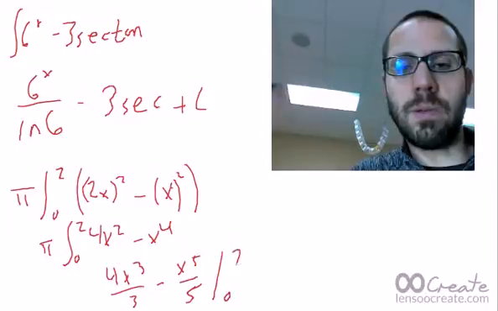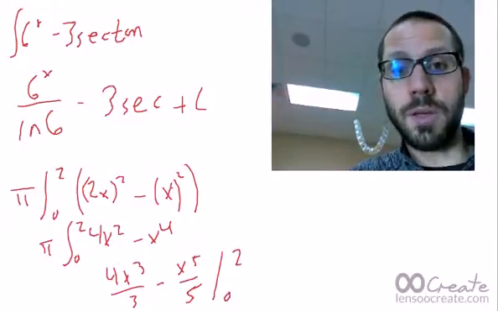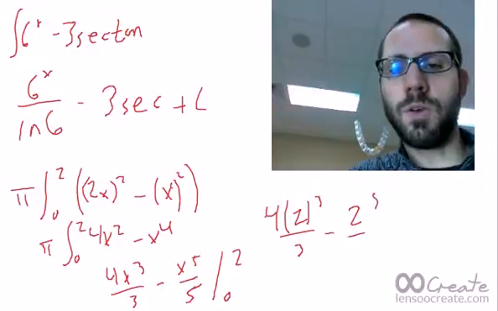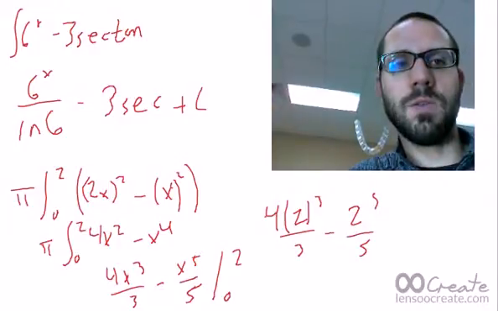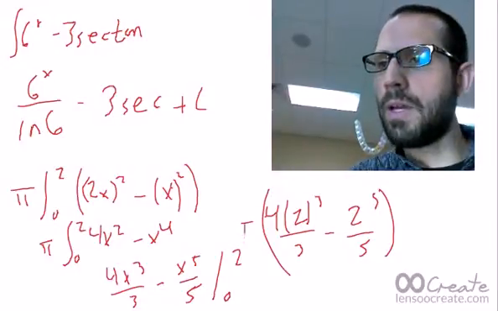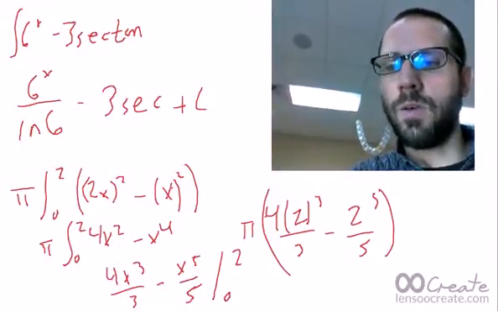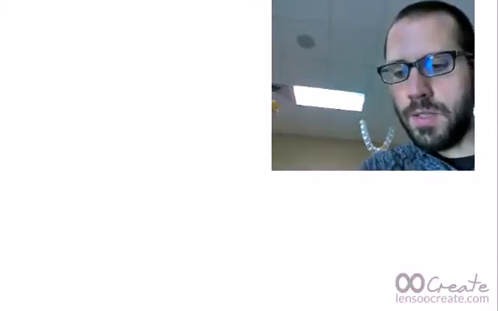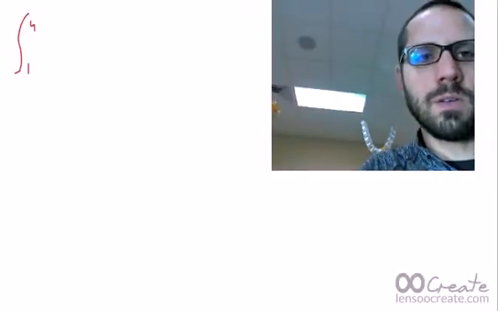We want to go from 0 to 2. If I put in the 0, I'm going to get 0. So let's put in the 2. 4 times 2 cubed over 3 minus 2 to the 5th over 5. Don't lose that pi in front. Common denominator. 64 pi over 12.